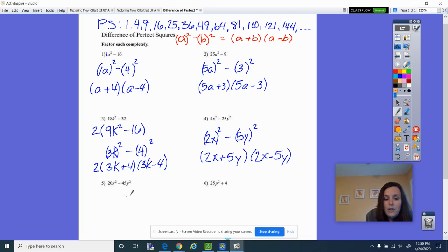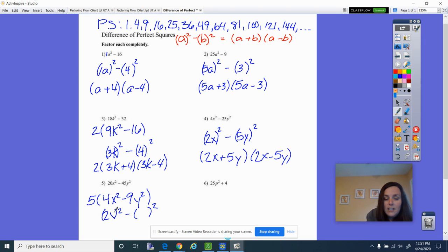All right, so this one, are these numbers perfect squares? No, but do I have a GCF? Yes, my GCF is 5. So I'm going to take that out. So I have 4x squared minus 9y squared. Now, is my inside a difference of perfect squares? Do I have a minus sign? Yes. Is 4 a perfect square? Yes. Is x squared a perfect square? It is. Is 9 a perfect square? It is. Is y squared a perfect square? Yes. So what squared is going to give me 4x squared?